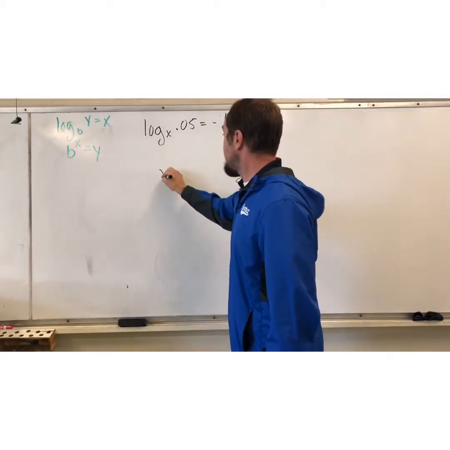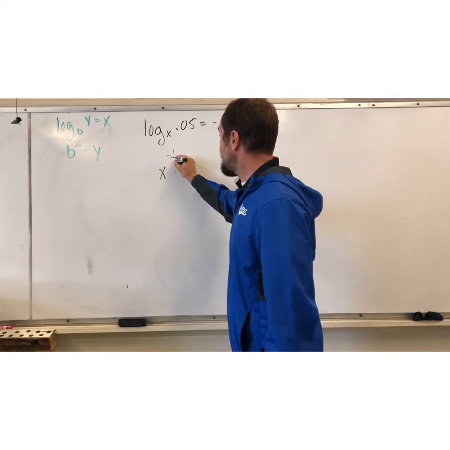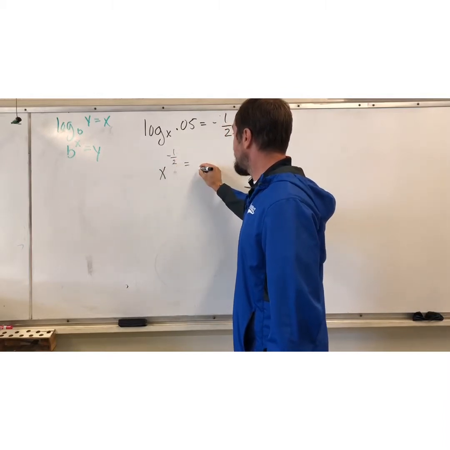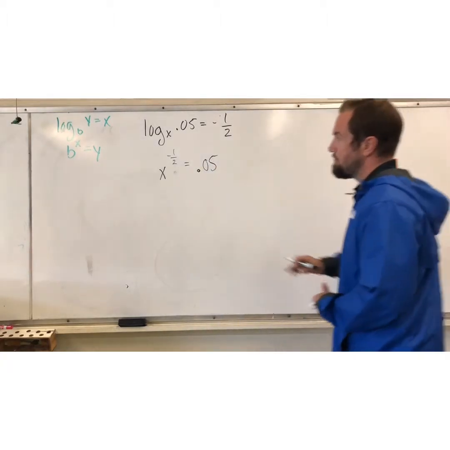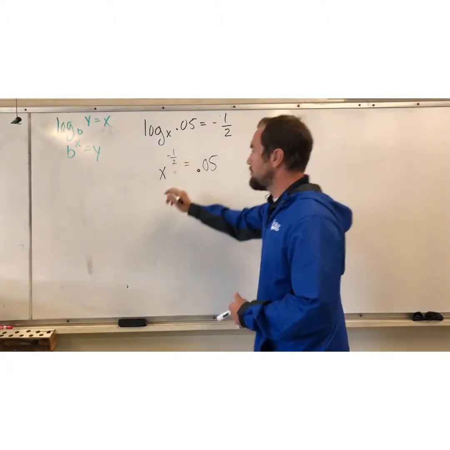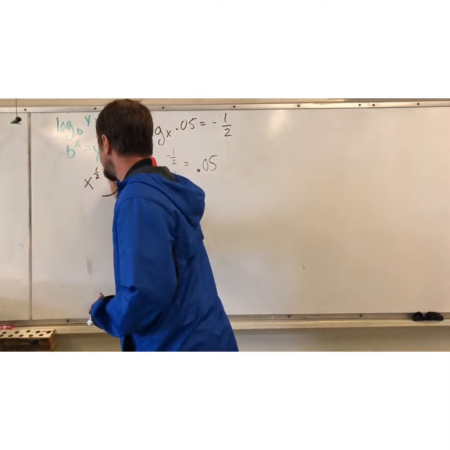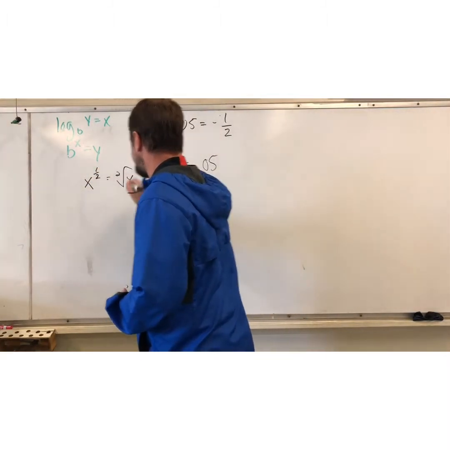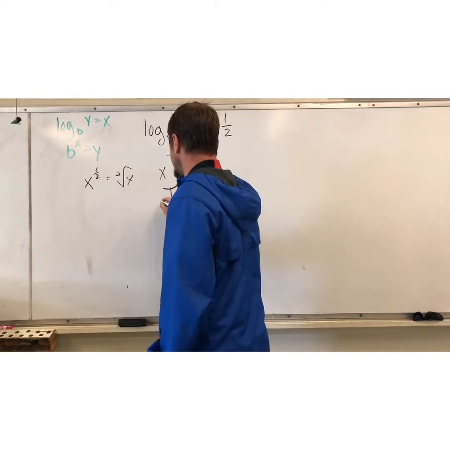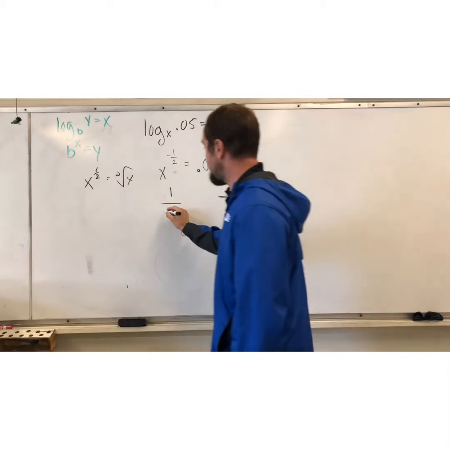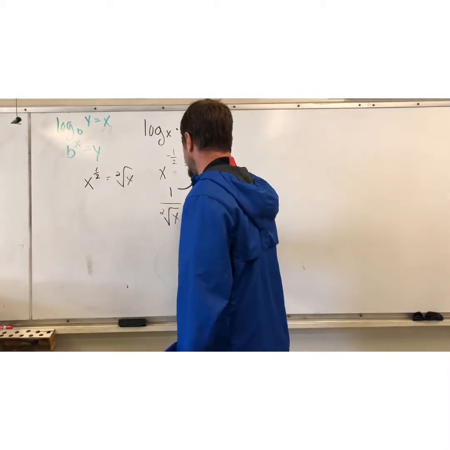then x to the negative 1/2, now a lot of this has some solid math moves to it. I know x to a 1/2 is the square root of x. And I know this is a negative, so this is going to bring this to the denominator, so the square root of x on the bottom.